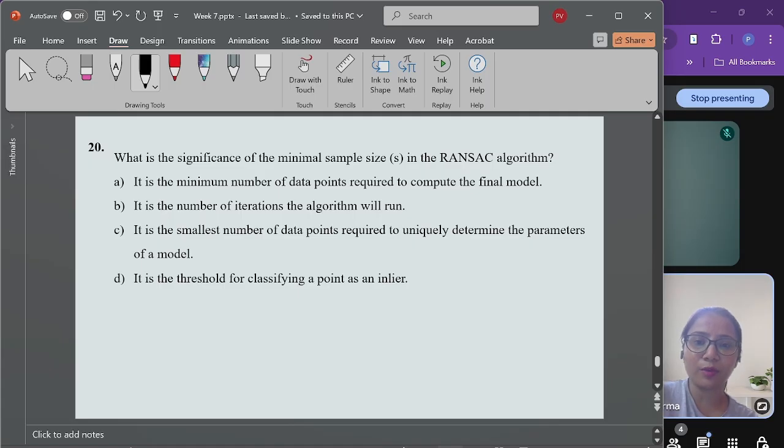Option B, it is the number of iterations the algorithm will run. Option C, it is the smallest number of data points required to uniquely determine the parameters of the model. Or option D, it is the threshold for classifying a point as an inlier.